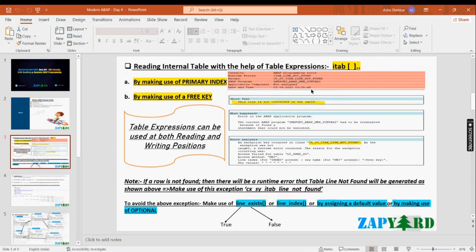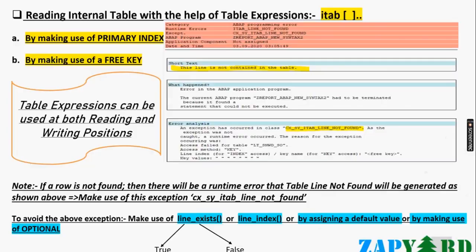So now I'll come to this, and this is very important. A very, very important thing is that with respect to table expressions, now just listen to me very carefully. In case that particular row is not found, it raises an exception CX_SY_ITAB_LINE_NOT_FOUND.